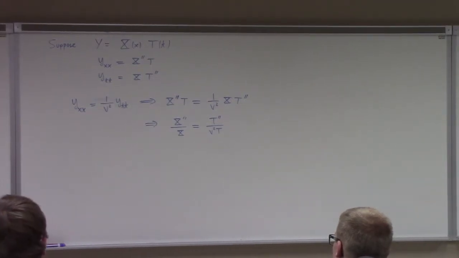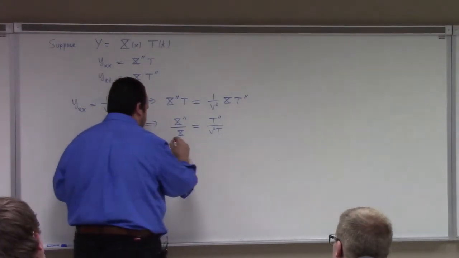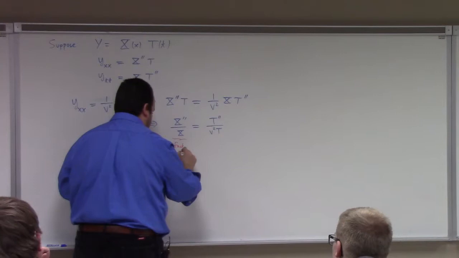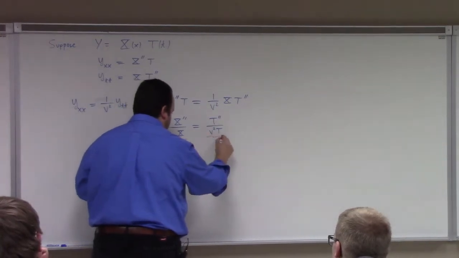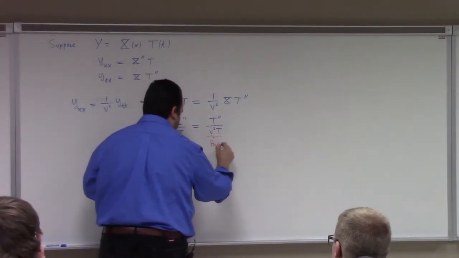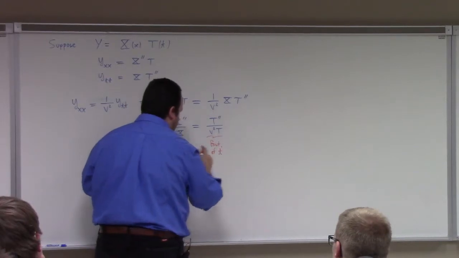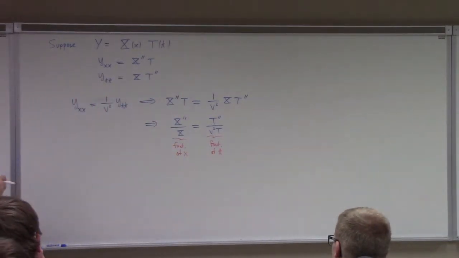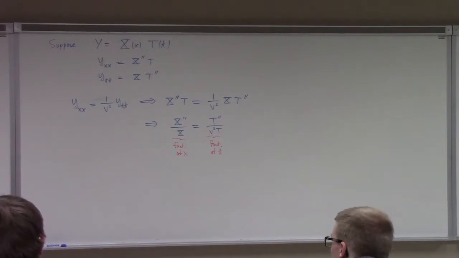But I will point out to you, as I did last time, that at this stage in the calculation, this is just a function of x. This is a function of time, t. The only thing which is commonly a function of x and t is a constant.